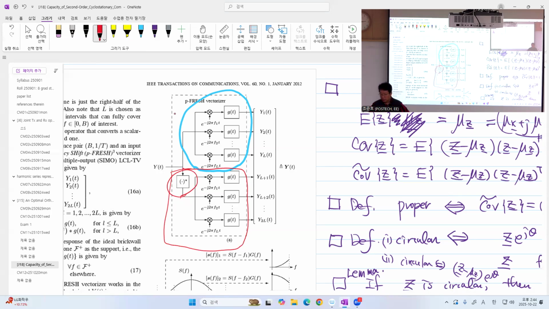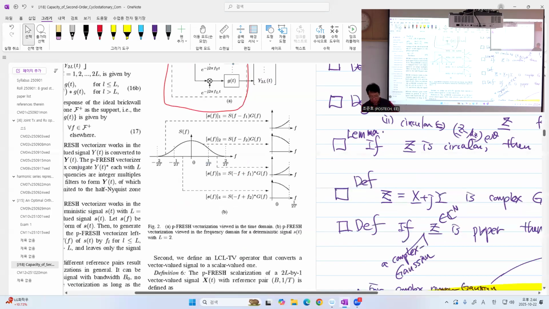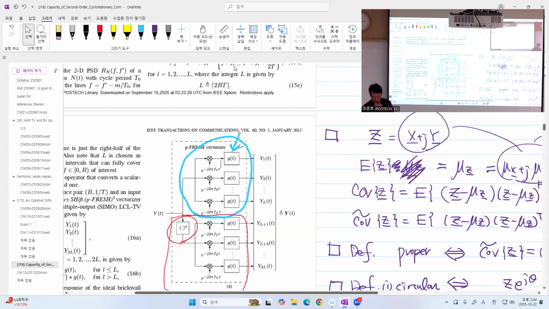Here, be careful. G is not an ideal low-pass filter. G is something very strange. G has only the positive part in the passband.